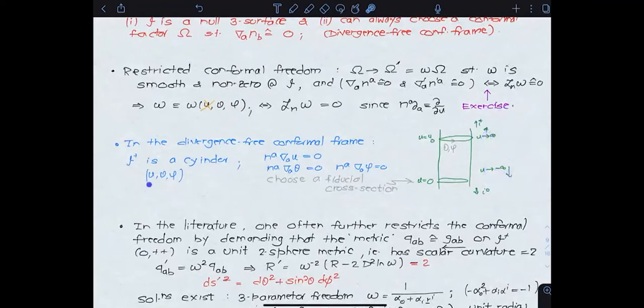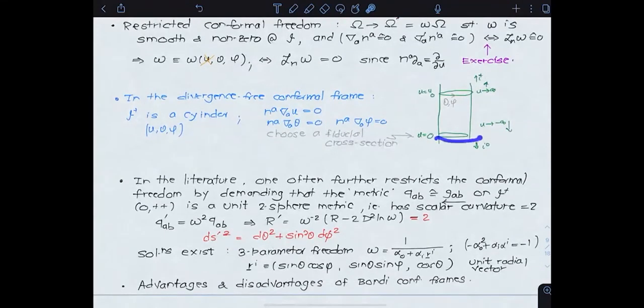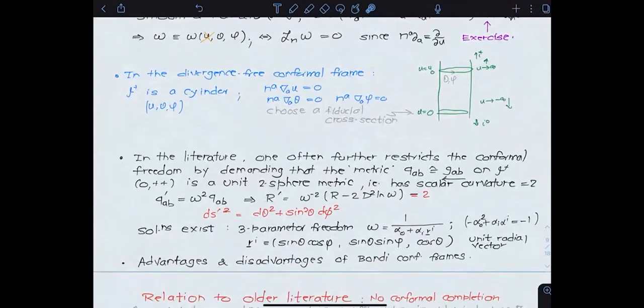And you will get u theta phi as coordinates, and this is the thing that we got here. So you just choose a fiducial cross section. On that fiducial cross section, you choose theta and phi as coordinates, and you Lie drag them. This is the same as ln of theta equal to 0, and this is the same as ln of phi equal to 0. So we can always introduce such coordinates.